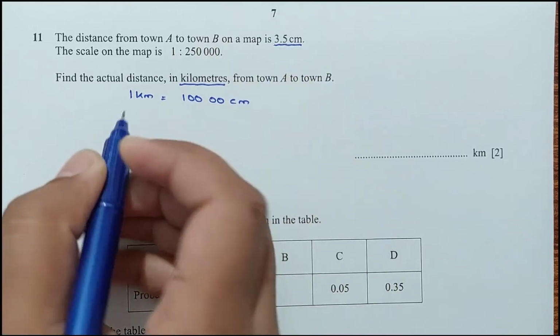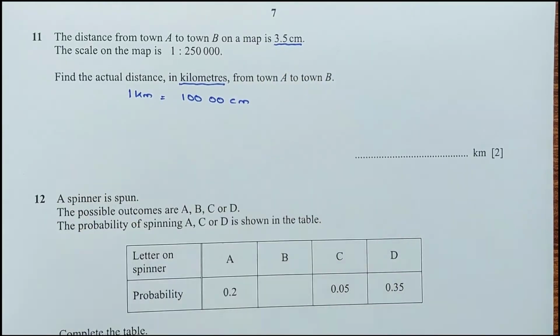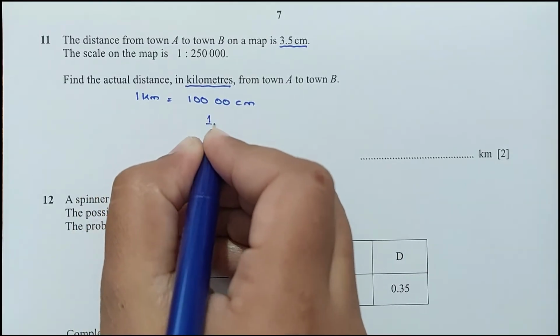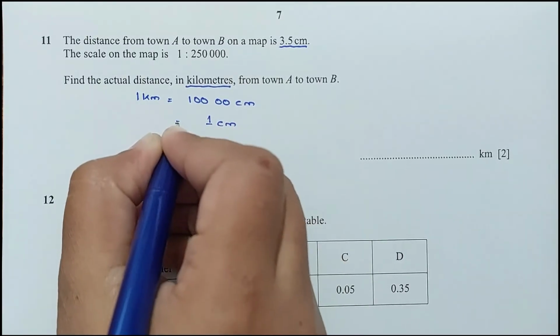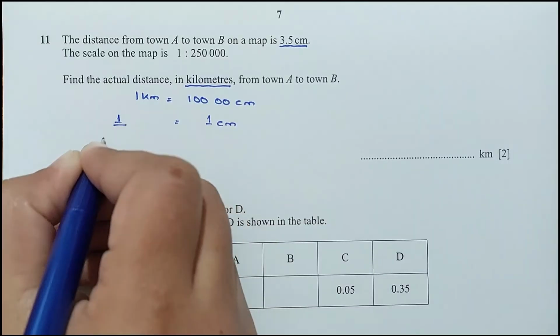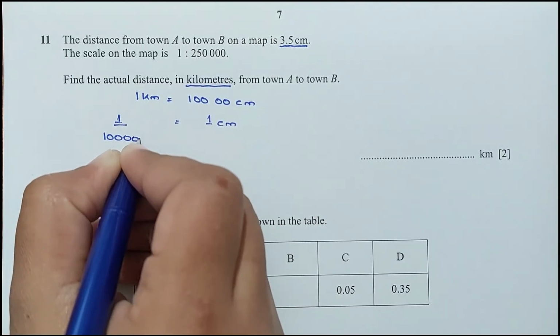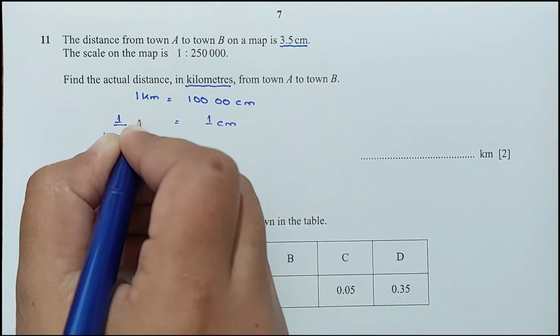So we have to convert centimeters into kilometers. And 1 centimeter is equivalent to 1 over 100,000 kilometer.